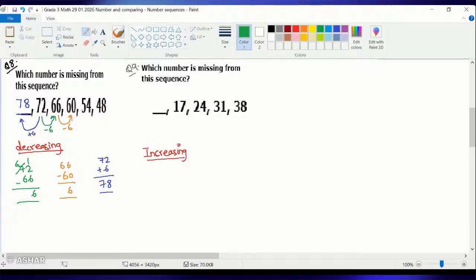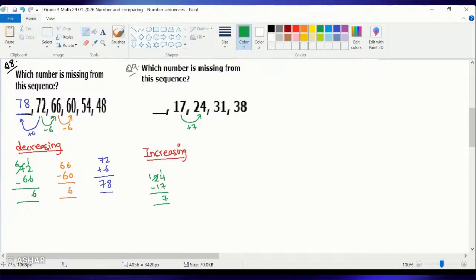What should we add to 17 to make it 24? Simply 24 minus 17: 14 minus 7 is 7, and 1 minus 1 is 0. That means 17 plus 7 will give us 24.